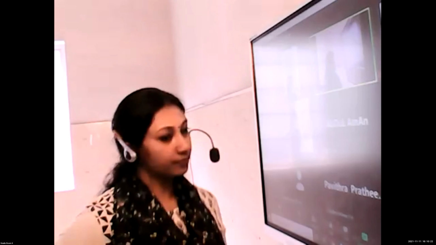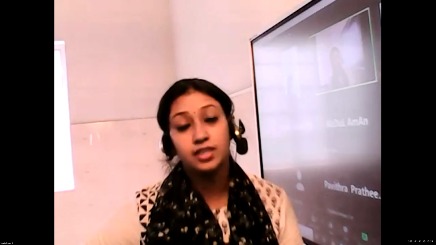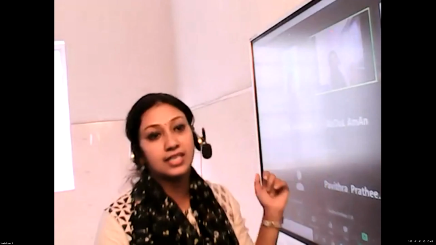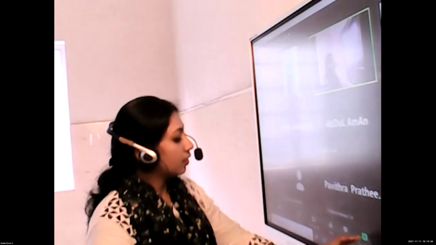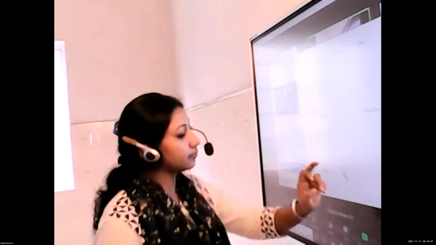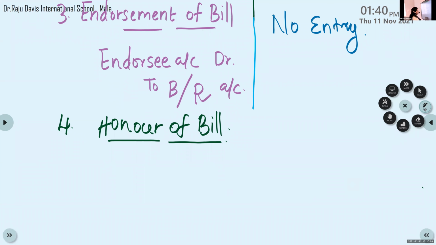When it is the due date, the time for the bill payment, the drawer is not receiving any payment, because that bill is transferred to the endorsee. So he is the one who is getting the payment. Regarding the drawer, we don't have any entry. No entry.